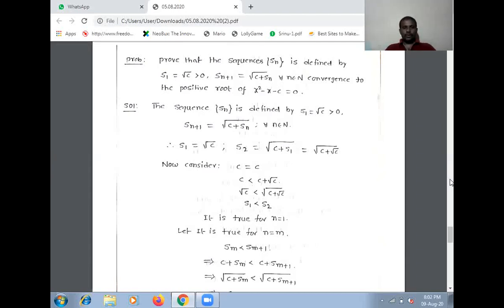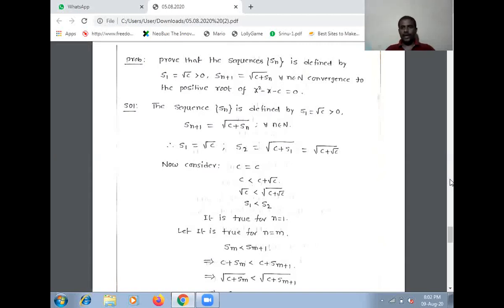So the sequence Sn is defined by S1 equal to root c, c greater than 0, and Sn plus 1 equal to root of c plus Sn for all n belongs to capital N. So now S1 equal to root c. Now I am finding the S2 value, the second term of the sequence.